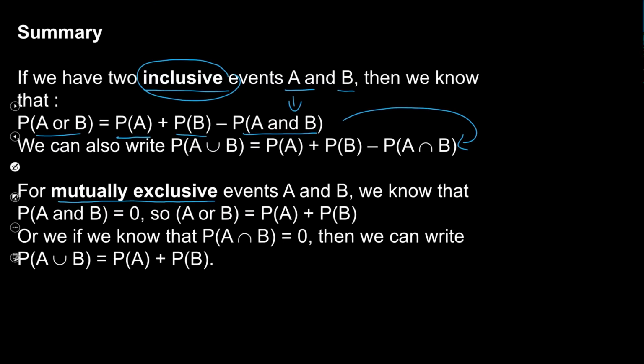It will actually make this part 0. Are we together? It will make the probability of A and B occurring 0. Okay? So it means the probability of A or B is the same as the probability of A plus the probability of B. Are we together?